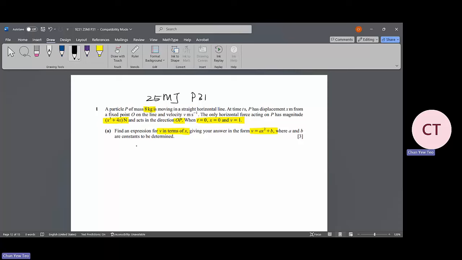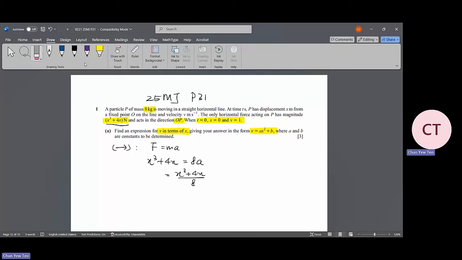So what you need to do is resolve the forces horizontally, so the force is equal to ma. The only force acting in this direction is x cubed plus 4x Newtons as given. The mass is 8 kg, so A will be equal to x cubed plus 4x over 8.